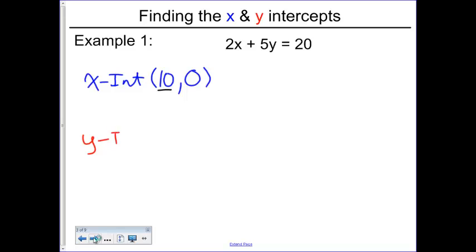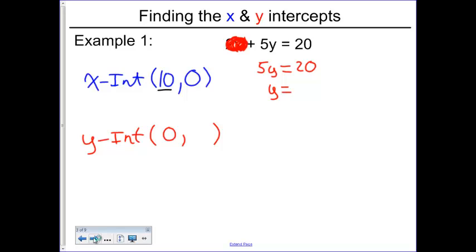To find the y-intercept, and we're just going to abbreviate that yint, the value of x needs to be 0. So we're going to put a 0 in place of x. 2 times 0 is 0, so this becomes 0, which basically just drops out of the problem. Just cover it up, and we solve what's left over. 5y equals 20. Solve for y.